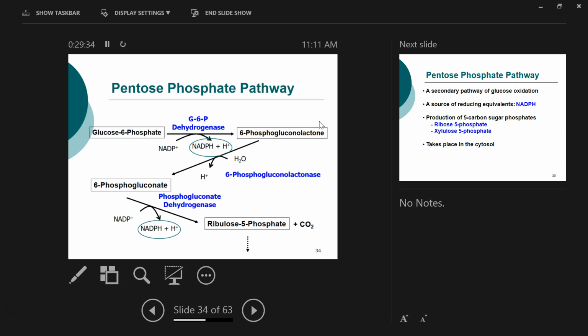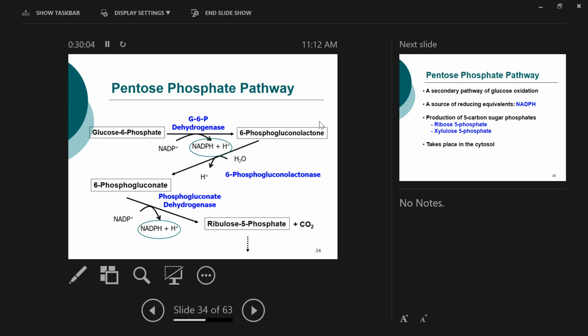Glucose 6-phosphate is metabolized through several reactions, and the purpose of the pentose phosphate pathway is to synthesize the 5 carbon sugar phosphate. This is the product of this reaction.